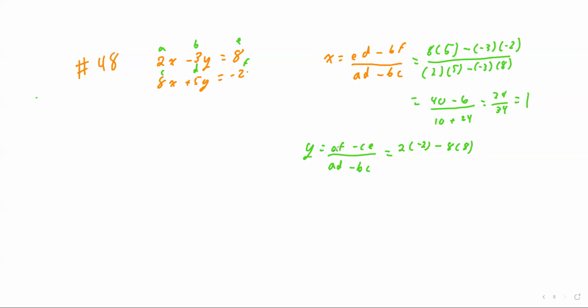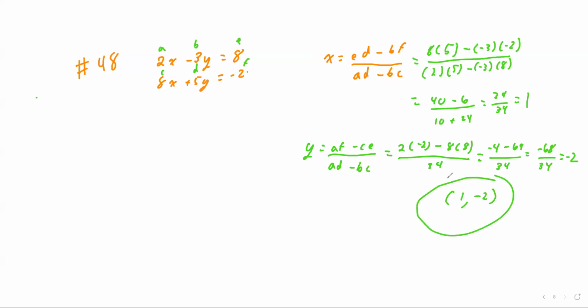So A was 2, F was negative 2, C was 8, and E is 8. I've already done this work, so I'm just going to write 34. It was the same denominator as for x. So now this gives me negative 4 minus 64 divided by 34. So that gives me negative 68 divided by 34, and that happens to be a negative 2. So this is what my answer would be.